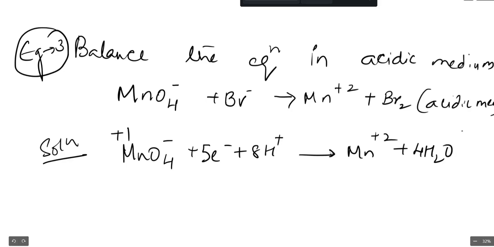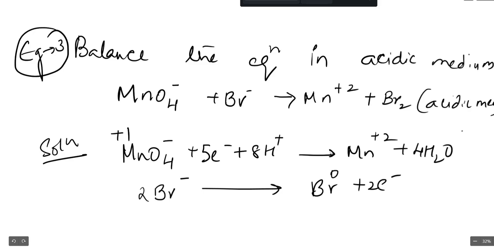Then the next half cell reaction is 2Br minus gives me bromine Br2 plus 2 electrons.